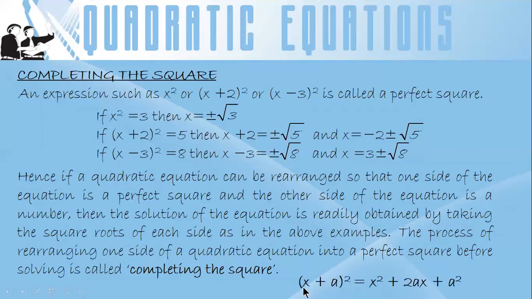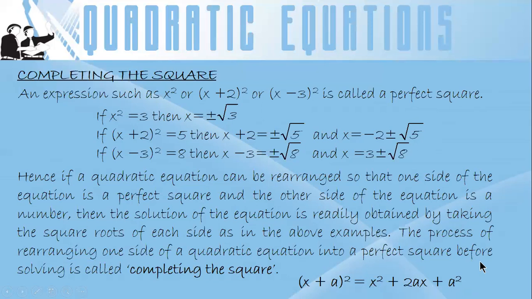So, a perfect square, if you expand it, you distribute it, you get x squared plus 2ax plus a squared.